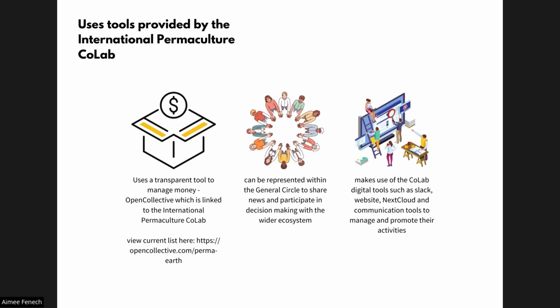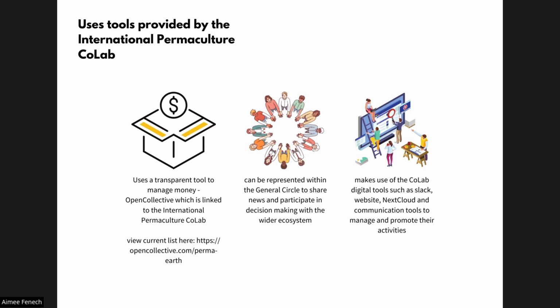Then there are other tools that are provided by the CoLab for micro-enterprises to be more successful. The first is access to fiscal hosts. We have a fiscal host in Europe at the moment which is supporting micro-enterprises. What does this mean? It means that they have agreed to consider applications for fiscal hosting from the CoLab membership.